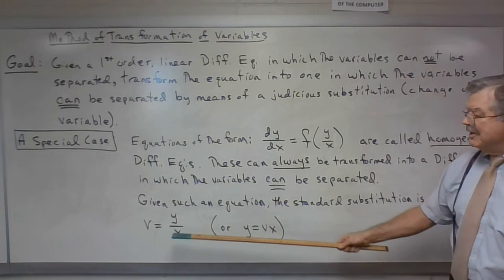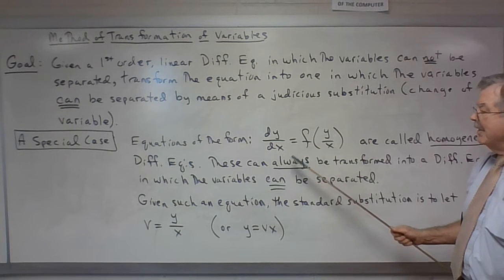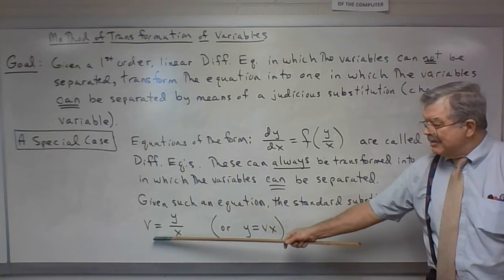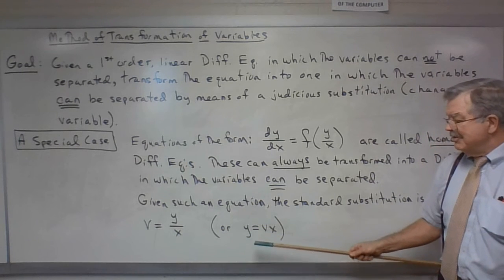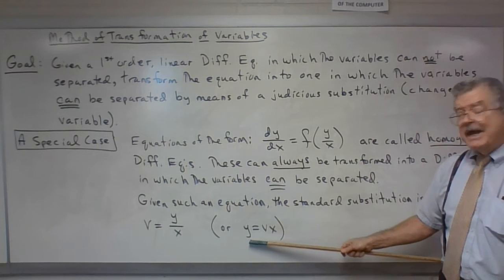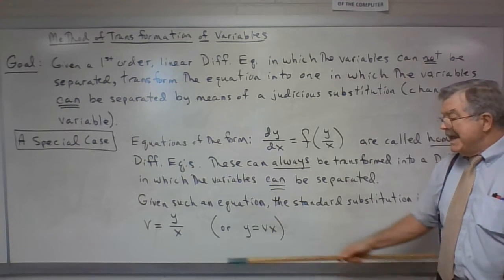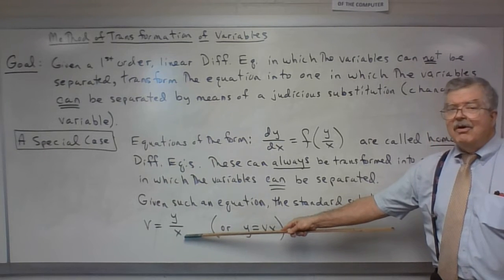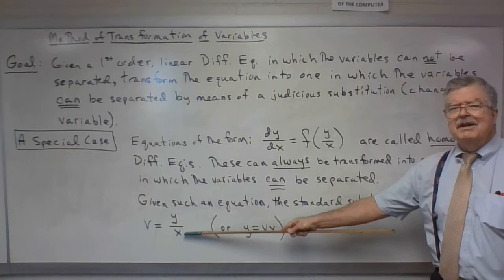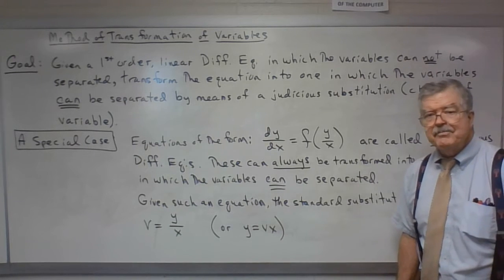So our standard substitution, given an equation which can fit this form, is v equals y over x, which turns out to be the same thing as y equals vx. Now, making this substitution calls for a corresponding substitution as well, and I'll talk about that in just a second.